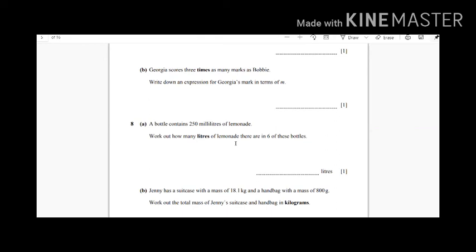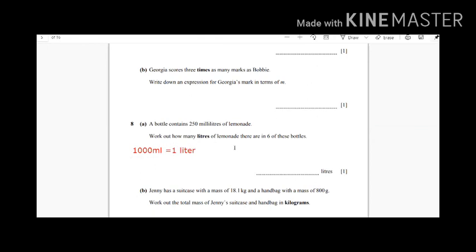First of all, you must understand milliliters and liters. Let me remind you how many milliliters equal 1 liter. So I write here for you, 1000 ml equals 1 liter. This is the information.